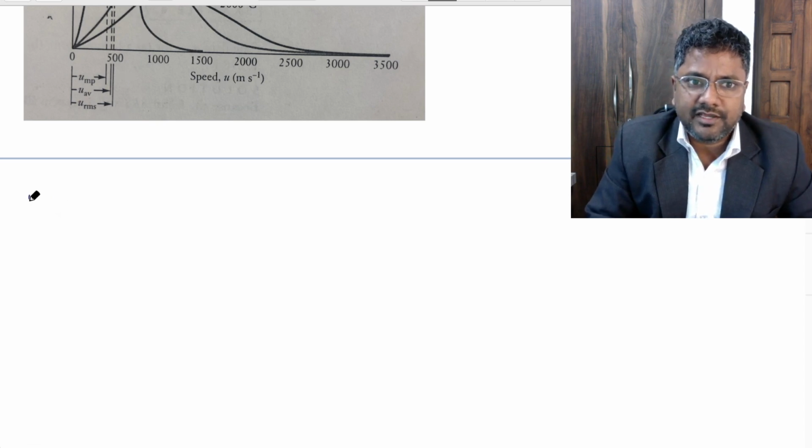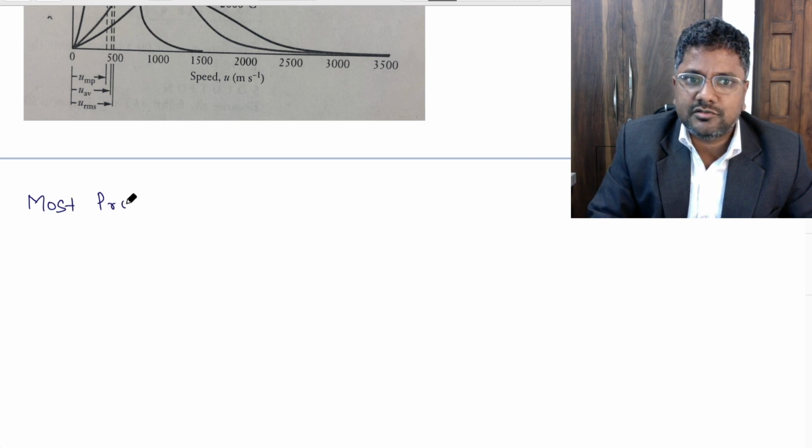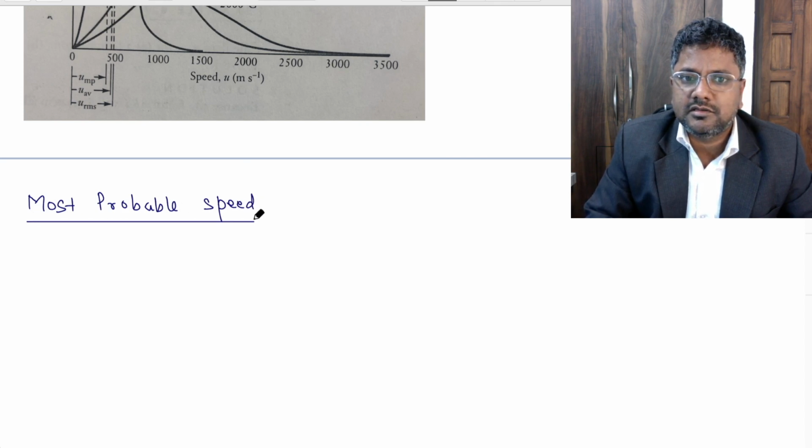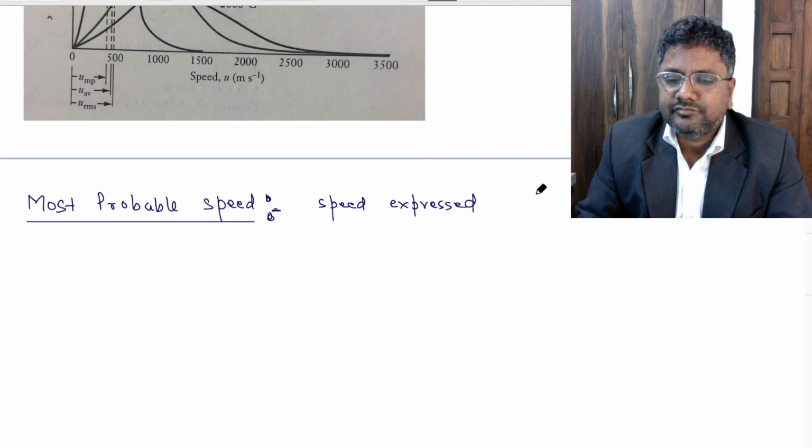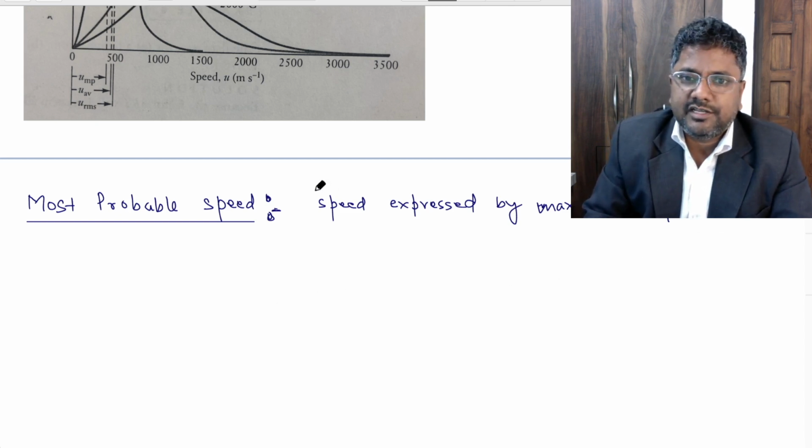By this graph you can define it: the most probable speed is defined as the speed expressed by the maximum number of molecules.